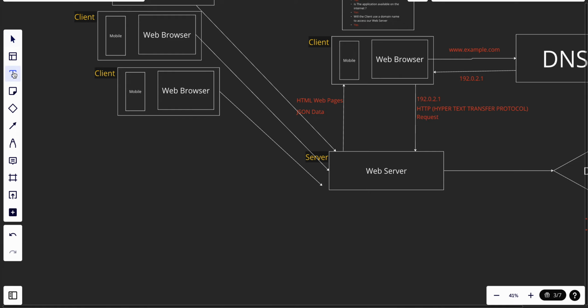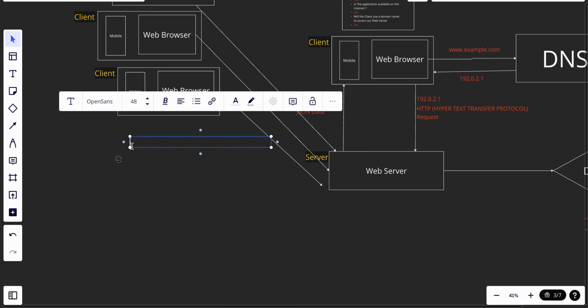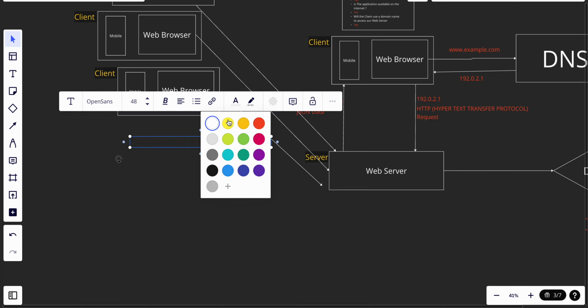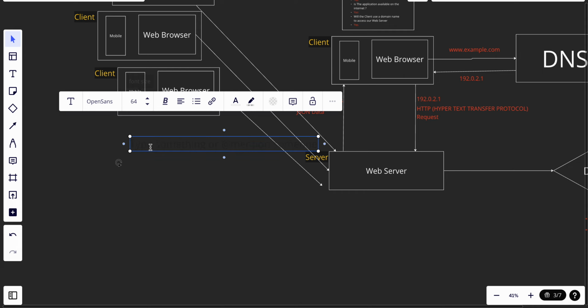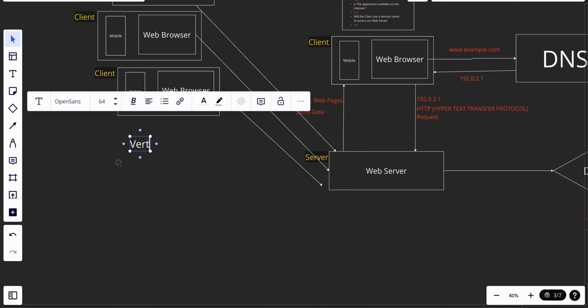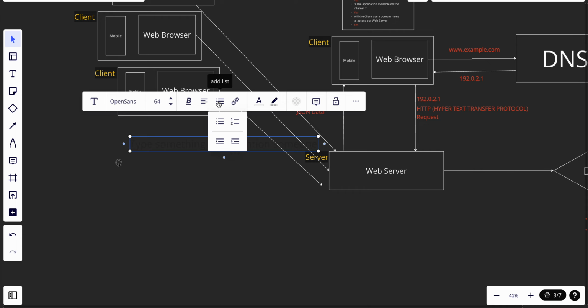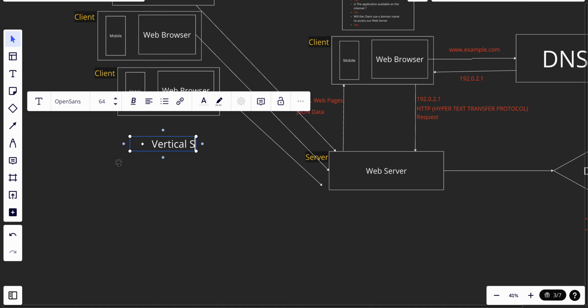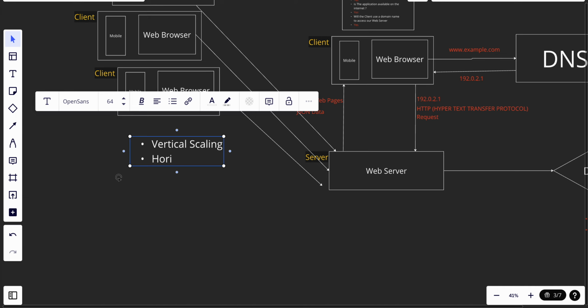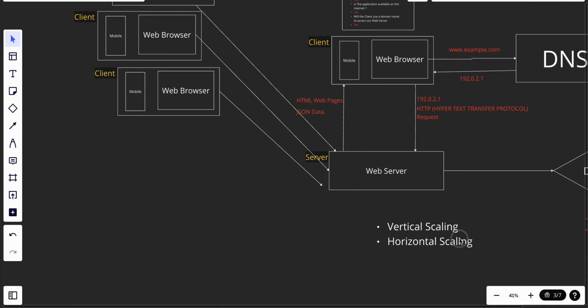We basically have two solutions: vertical scaling and horizontal scaling. Let's talk about what each of them means.